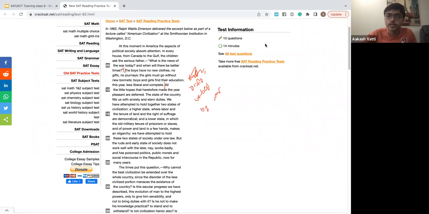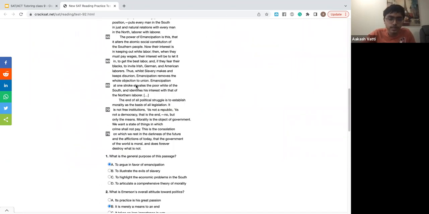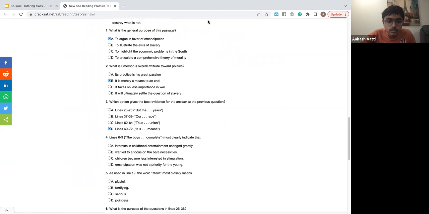And now we go back down, check whichever answer matches it best. Interests in childhood entertainment changed greatly. No, it did not. It just said that there's less stuff provided. War led to a focus on bare necessities. That sounds like an okay answer, because the boys didn't get new stuff, the girls didn't get new bonnets, and the education became a lot less good.